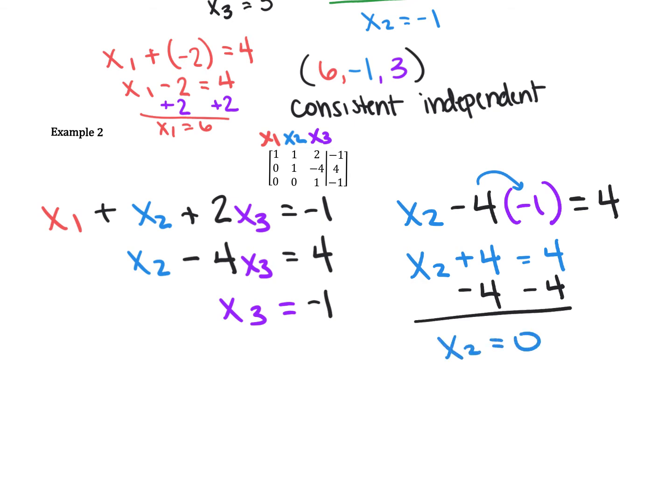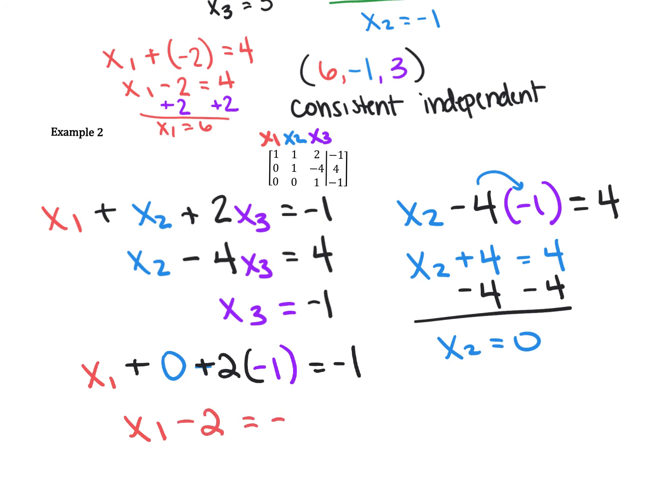So now I know x3 is -1 and x2 is 0. The last thing I want to find is x1. So x1 plus, well, x2 here is 0, plus 2 times x3, but I know x3 is -1. That has to equal -1. So when I clean this up, I get x1 minus 2 equals -1.